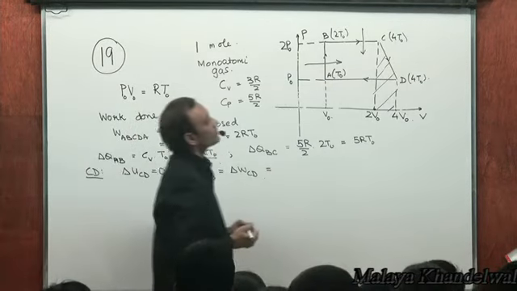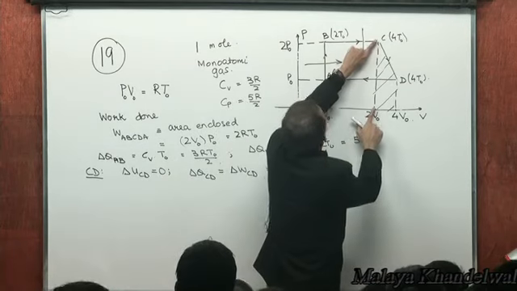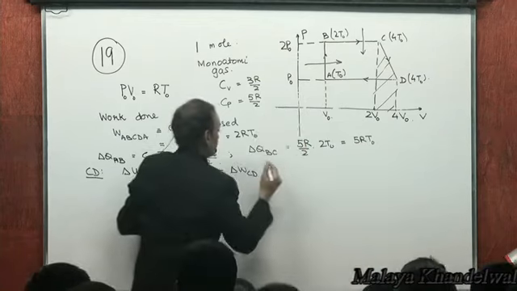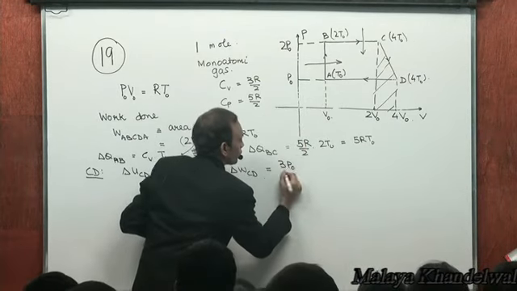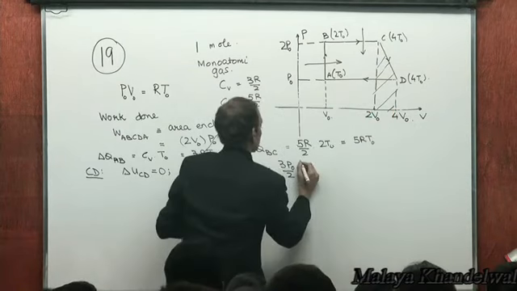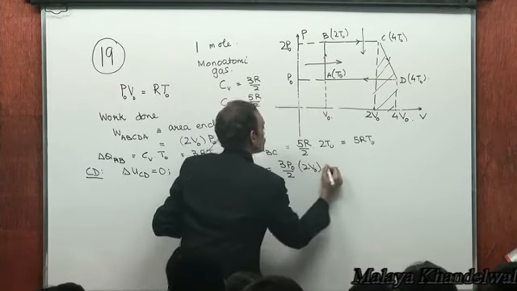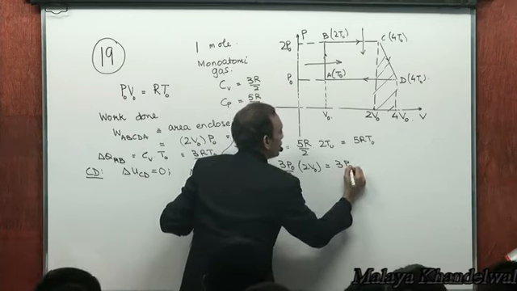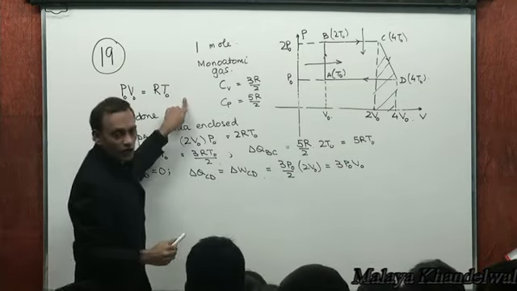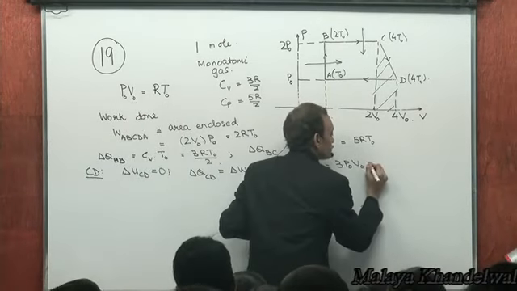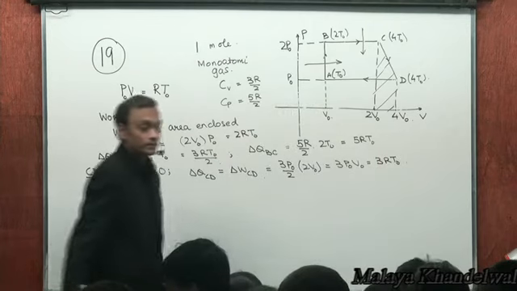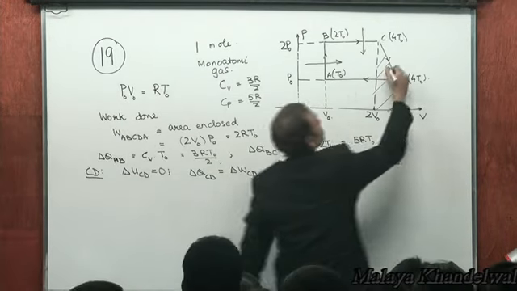Average of parallel sides, 2P0 plus P0, 3P0 by 2, into the distance between them, which is 2V0. So that makes it 3P0V0, where P0V0 is RT0. So this is 3RT0 and positive, right?